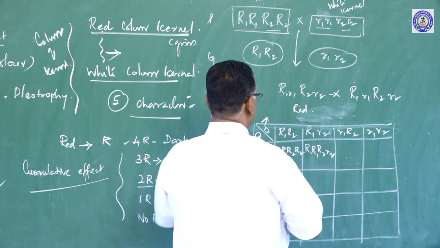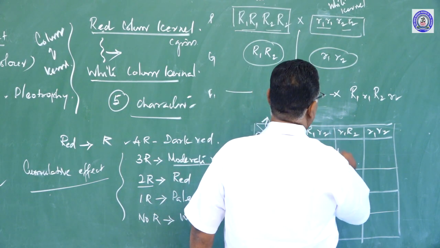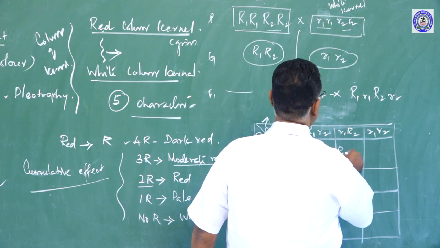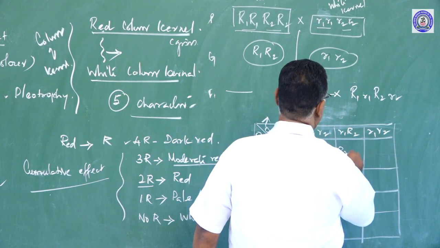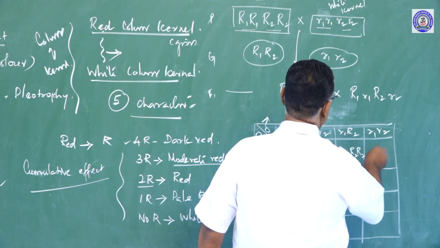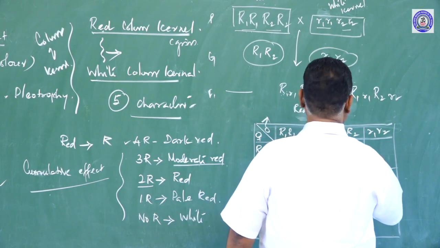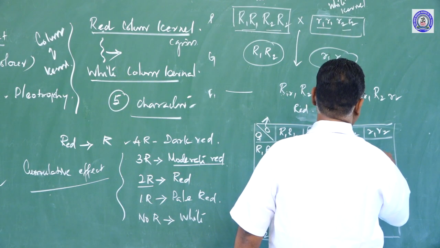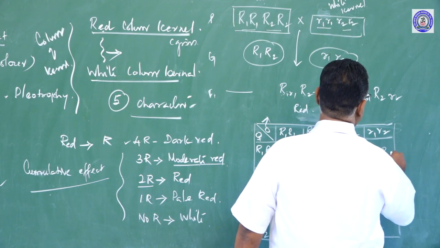See the number of genes in that. Capital R1 small r1 capital R2 capital R2, and the next, capital R1 small r1 capital R2 small r2.